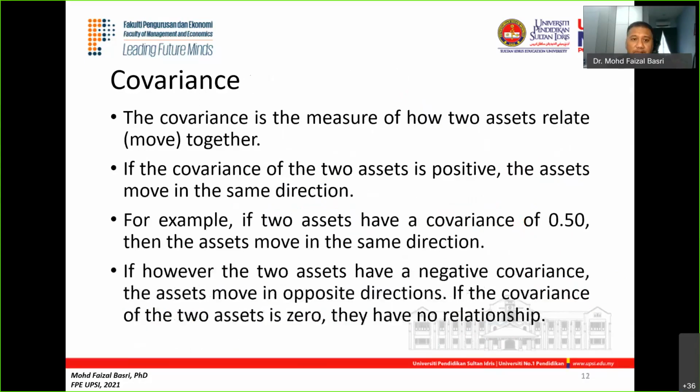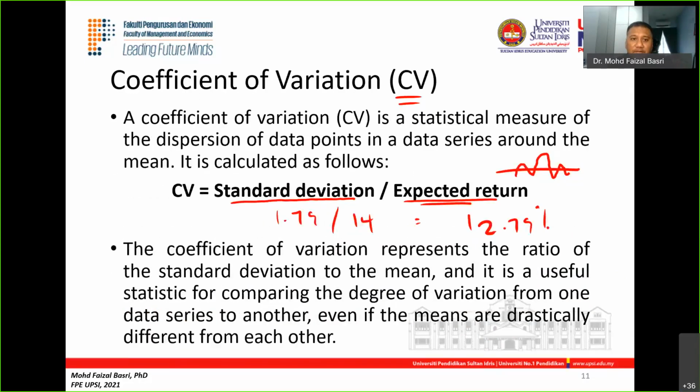That's the measurement of coefficient of variation, or CV.